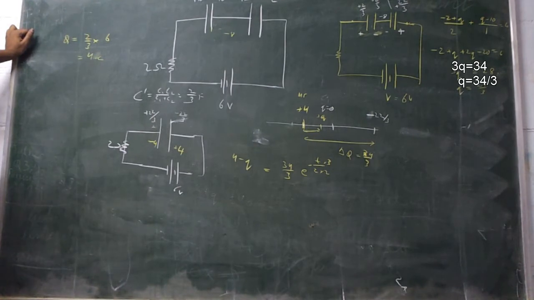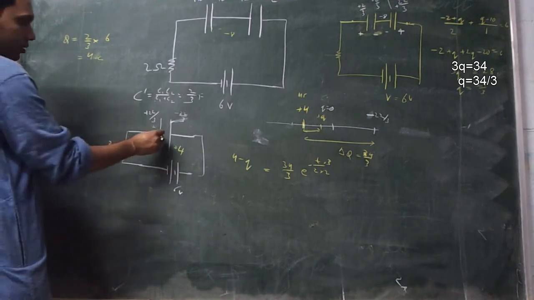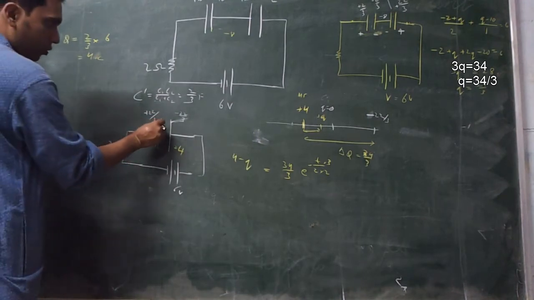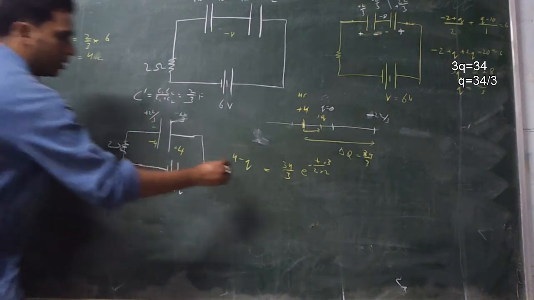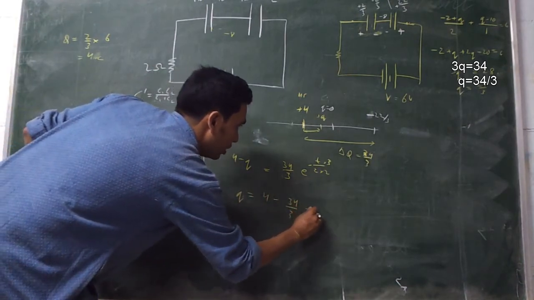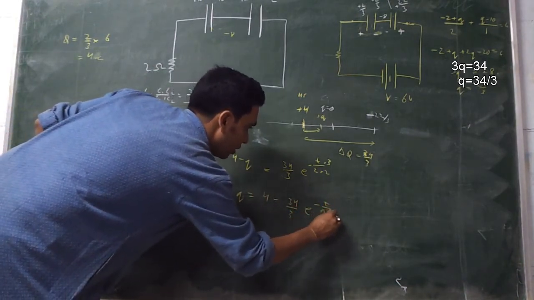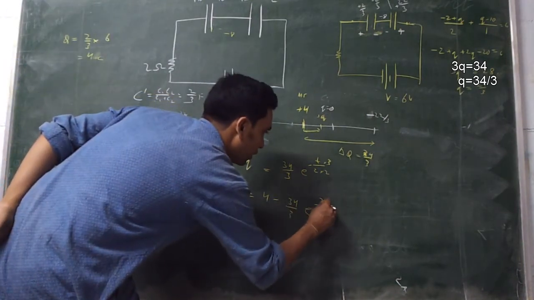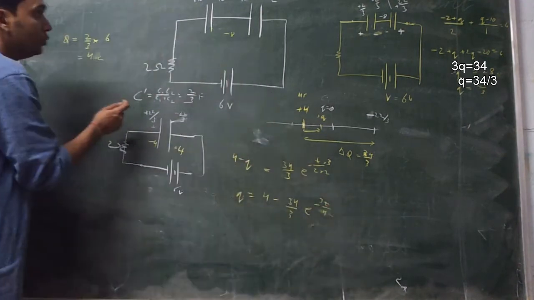Now this charge Q doesn't give you the actual charge on the capacitor. Suppose you get Q at any time is this, then what is the Q on this capacitor or the Q on that capacitor? That Q at any time t on this equivalent capacitor is given by 4 minus 34 by 3 e power minus t by RC, that is, minus 3t by 4.